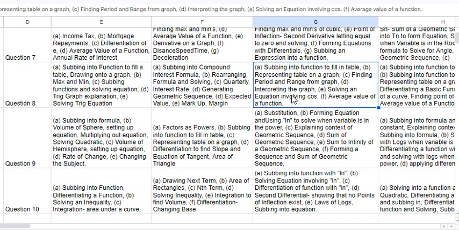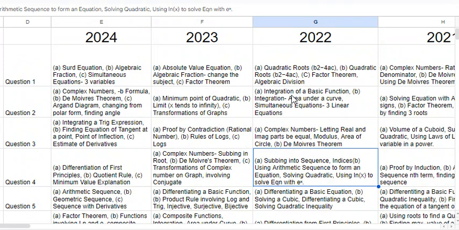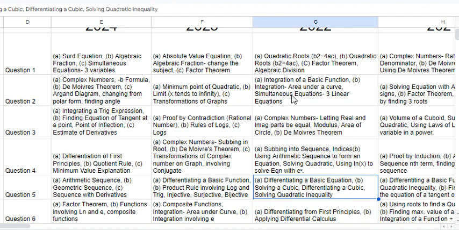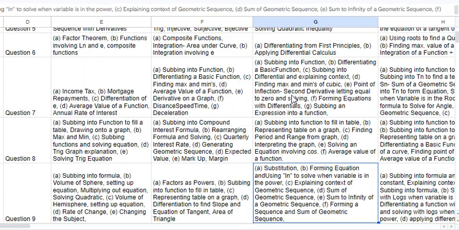And then in question 4 there in 2022, subbing into a sequence, using an arithmetic sequence to form an equation. That's similar enough to what came up there in 2024 actually, where we're using an arithmetic sequence just to form an equation. There it comes up in question 9 again in 2022, geometric sequence.